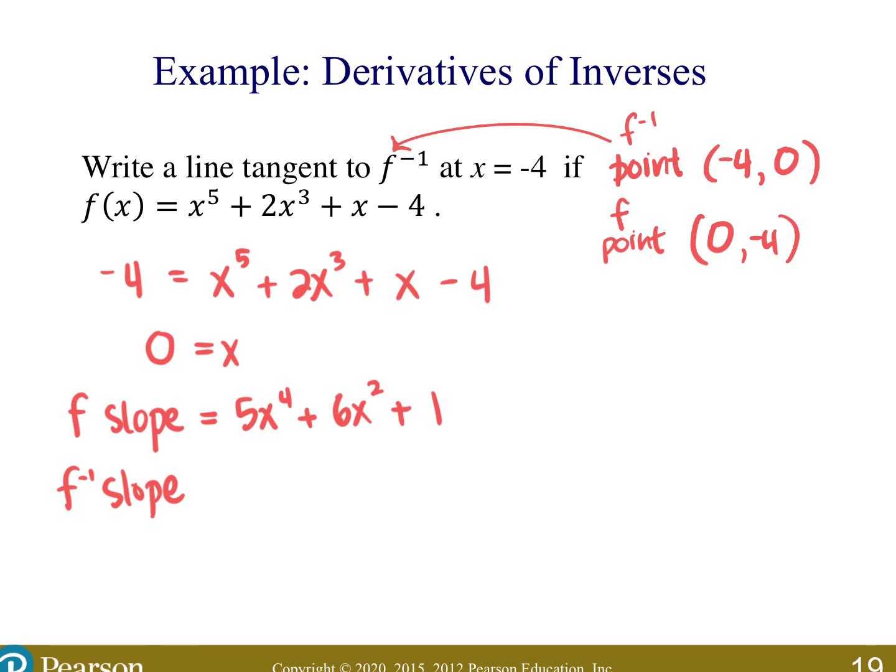We find the value of that f slope by plugging in the x value of the f point, so we plug in 0. 5 times 0 to the 4th plus 6 times 0 squared plus 1. So my value is 1. Then by definition, the f inverse slope is the reciprocal of that, which is also 1.